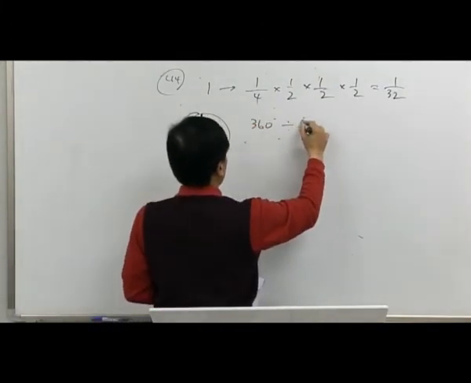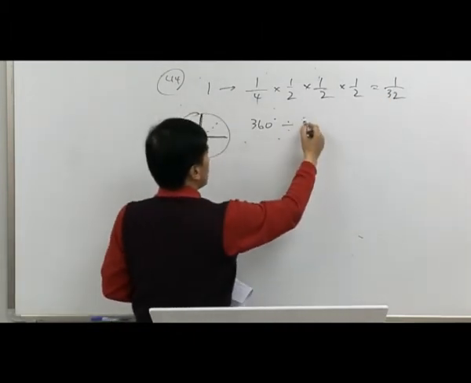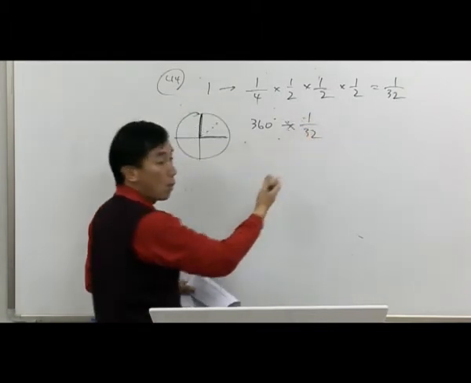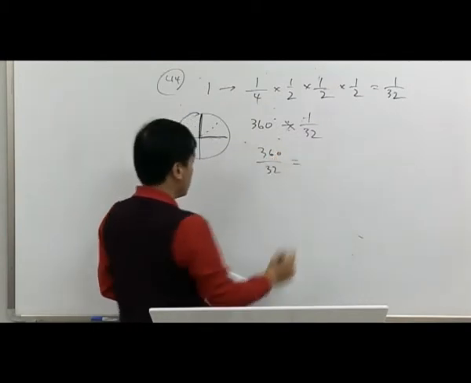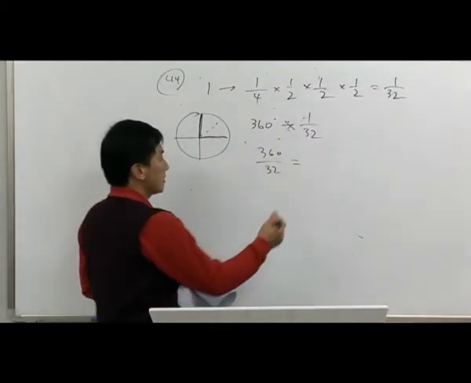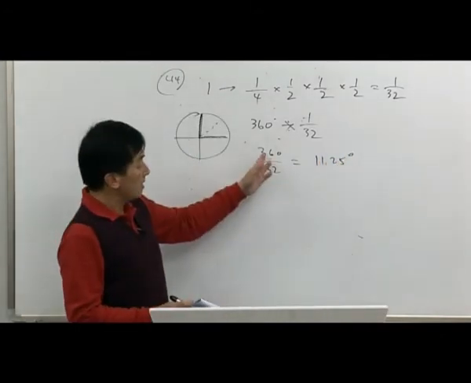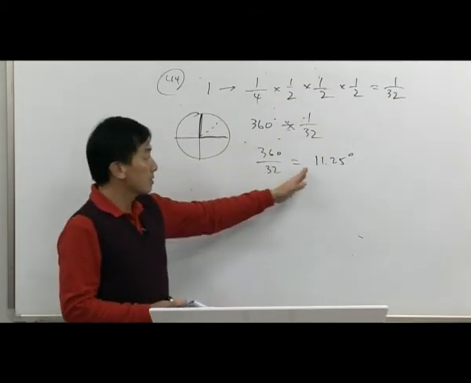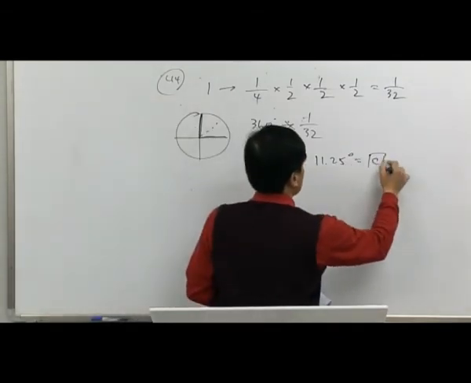So you multiply by 1 on 32, so you divide by 32. So 360 divided by 32 gives us 11.25 degrees. Okay, so roughly 360, 36 and 32, that's slightly more than 10. So that's going to be 11.25 degrees, and the answer is going to be C.